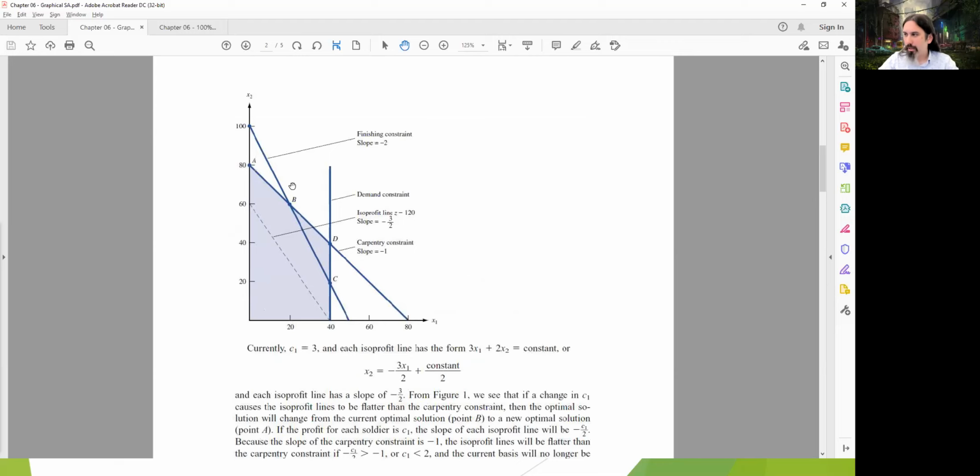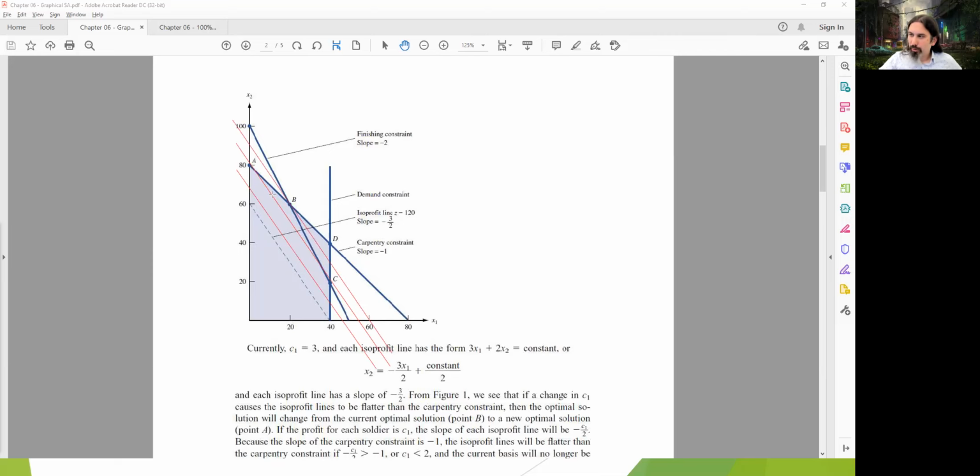Now, in here, this is the isoprofit line. You can see here over here. So what I need to show you is how it moves. Let's just get to it. Now, this isoprofit line can go up like this. Remember this one? And I already know that if it exits at this point B, then B is my optimal solution, which happens over here.